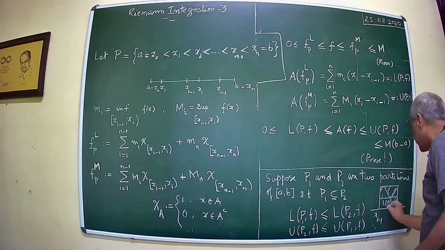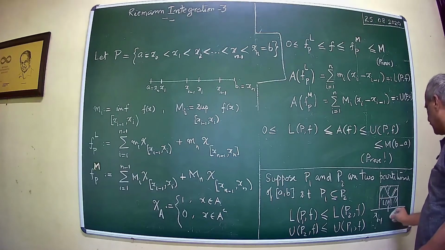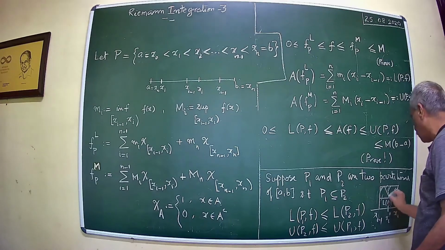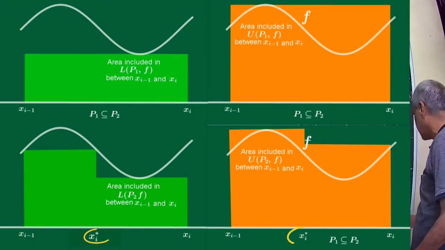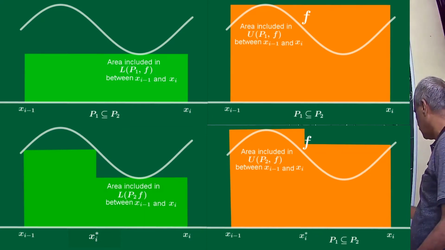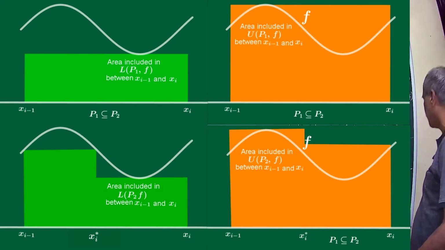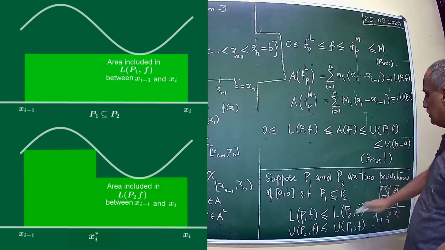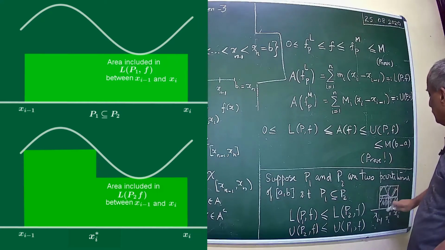Now when I introduce an additional point here, say x_i star, what I have is a new step function defined, and the new area corresponding to the new partition is going to be something bigger than the lower approximation, bigger than the earlier one.